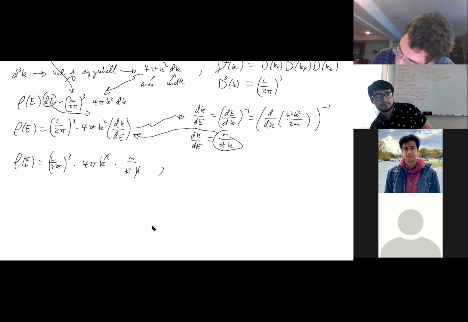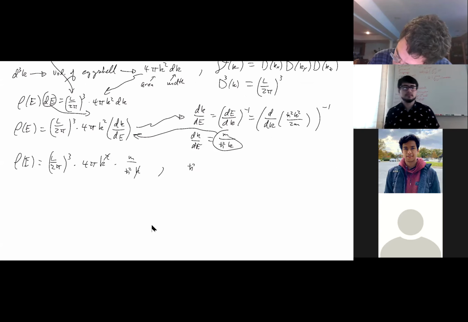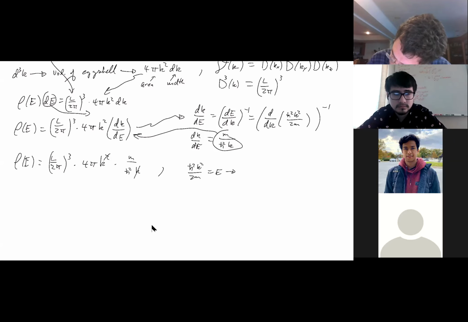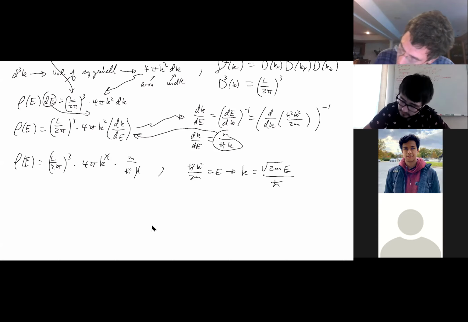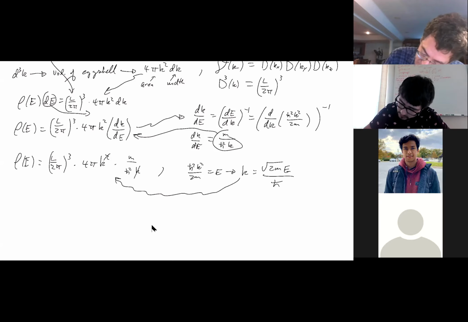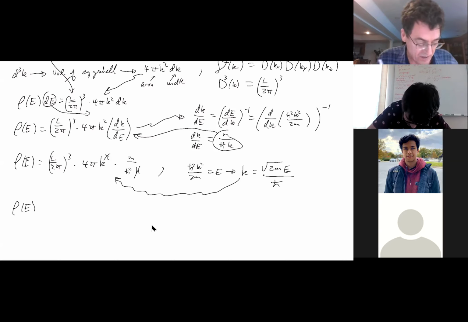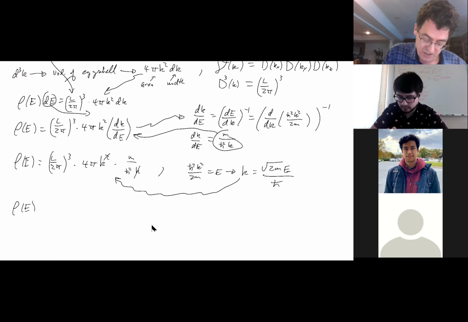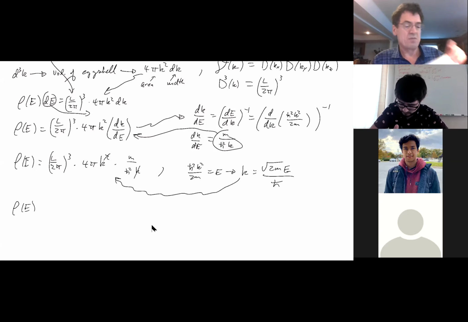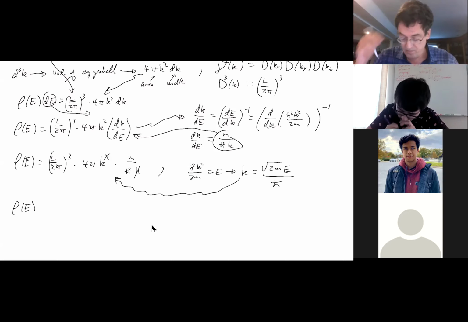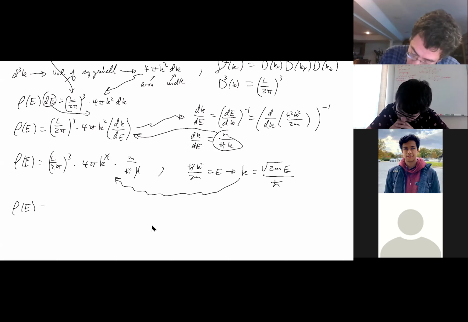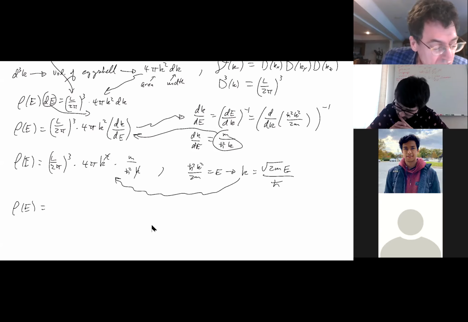And I also have to use this, since I have h bar squared k squared over 2m equals E. Then I have k is equal to square root of 2mE over h bar. And so if I plug that in, then I'm going to get the density of states, that final relationship that I think I wrote down last time, which is, you get this answer.